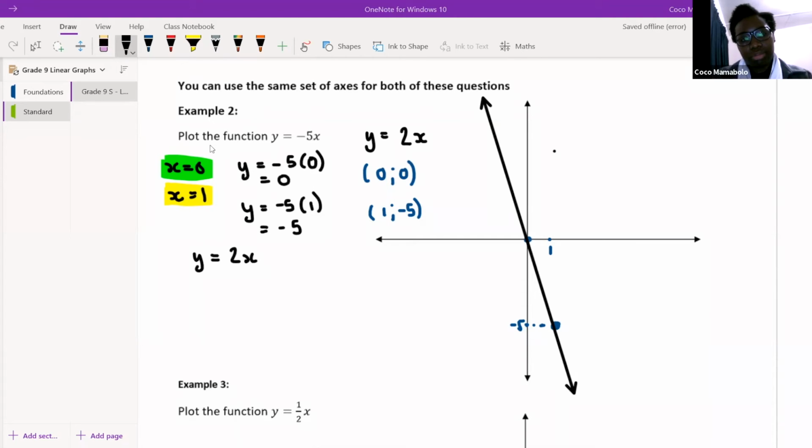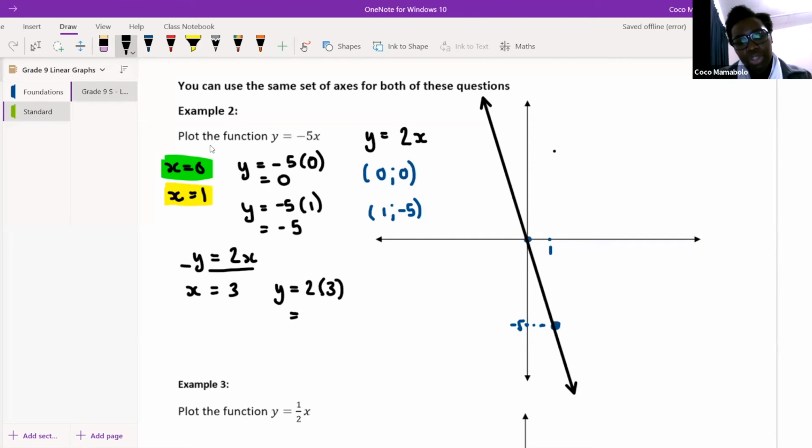Ma'am, 2 values for x. Just say x is equal to whatever number comes to your mind. Ma'am, I'm just going to say x is equal to 3. Good. Okay, x is equal to 3. So what we're going to do now is go to this graph over here, and we're going to go y is equal to 2 multiplied by, and then we replace x with 3.